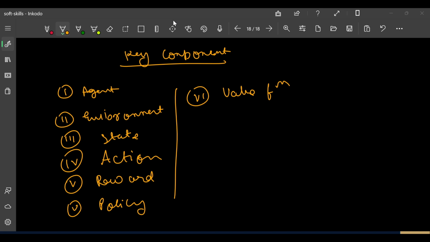The second advantage is it learns from experience rather than a fixed dataset. The third one is it is powerful for dynamic and real-time environments. And the fourth one is it produces strategies that adapt over time. So these are some advantages.